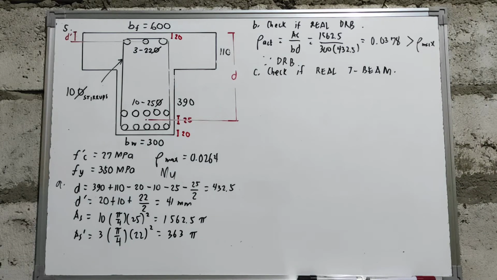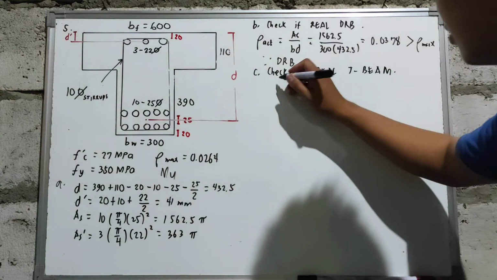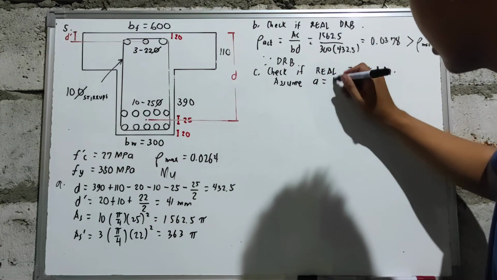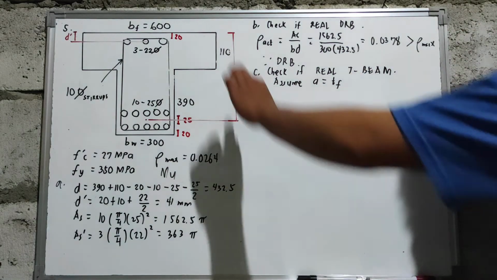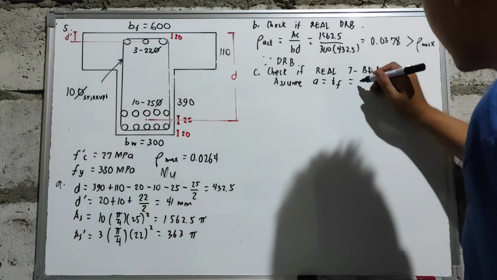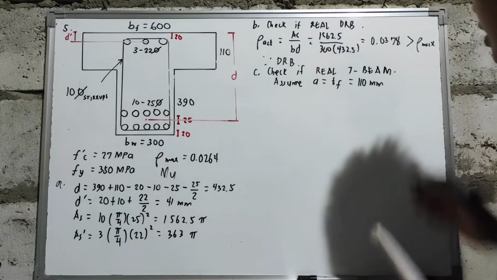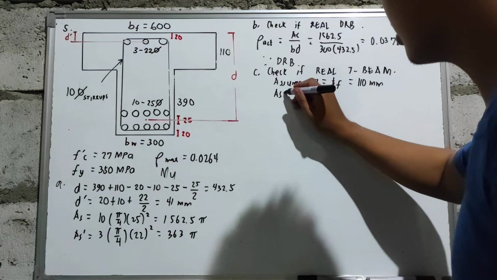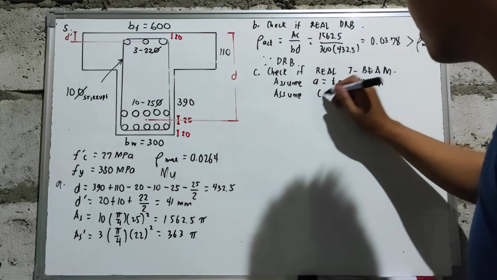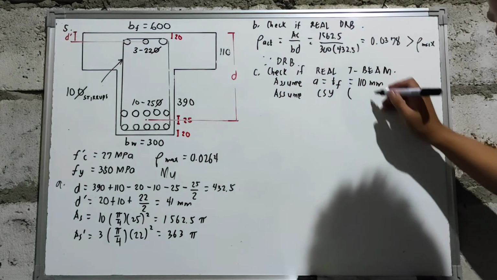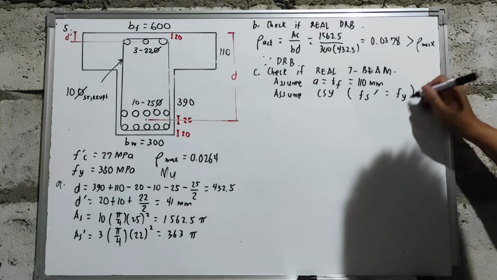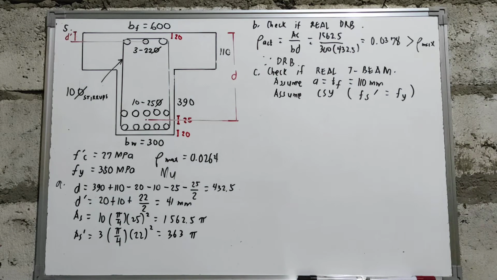So gagawin natin dito is we will going to assume that A is equals to the thickness of the flange, which is equal to 110 mm. And after that, since doubly reinforced beam tayo, we will going to assume that your compression steel bars will yield, wherein if that will yield, the value of your Fs prime will now equal to Fy. So same principle lang tayo dito.